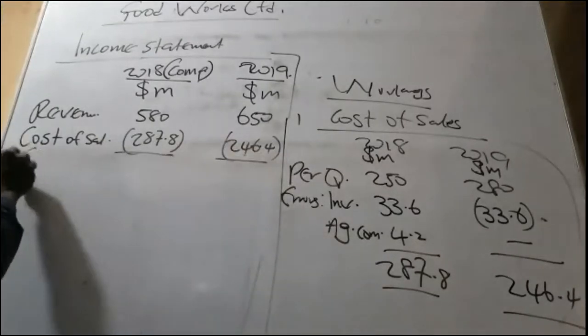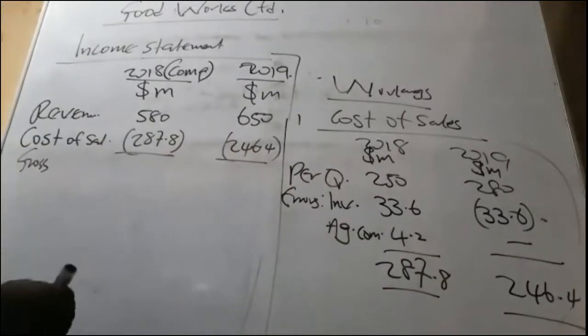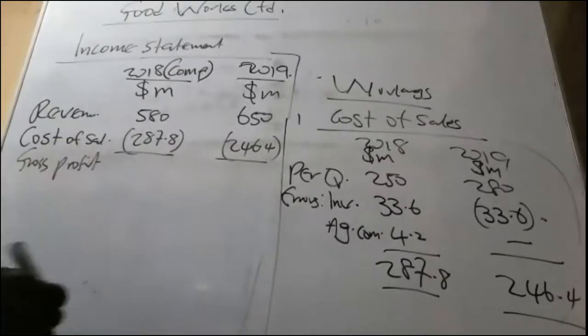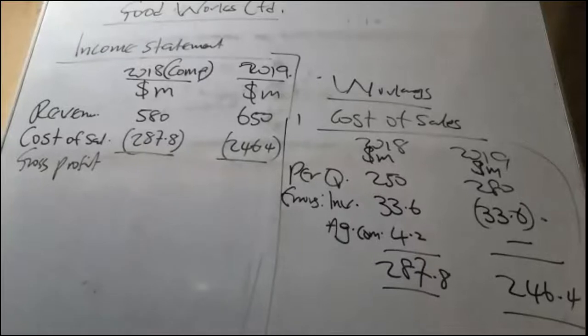What is the gross profit? Any other item that does not depend on the cost of sales, we call it free marks. Just carry them in. So 580 less 287.8.